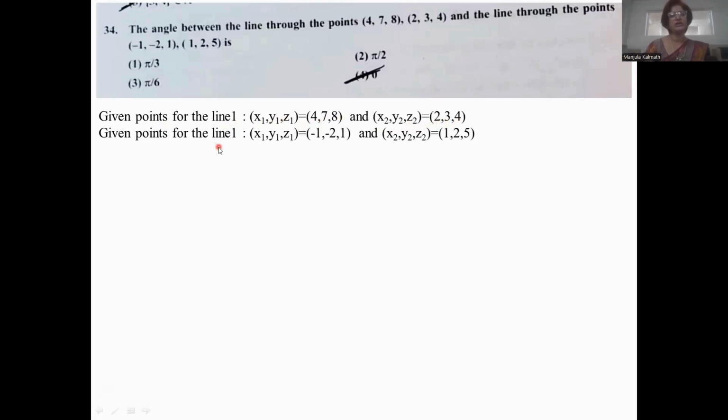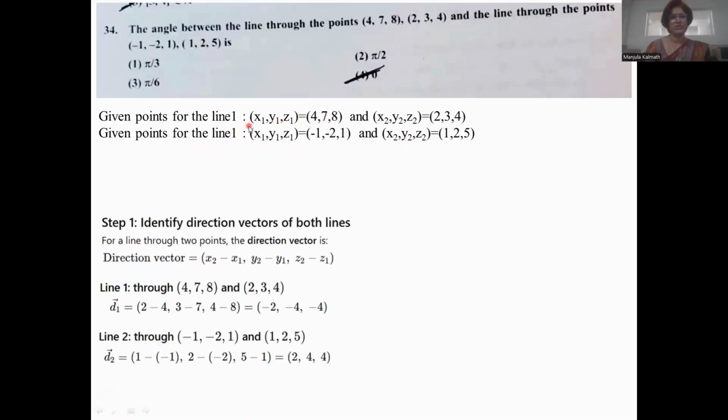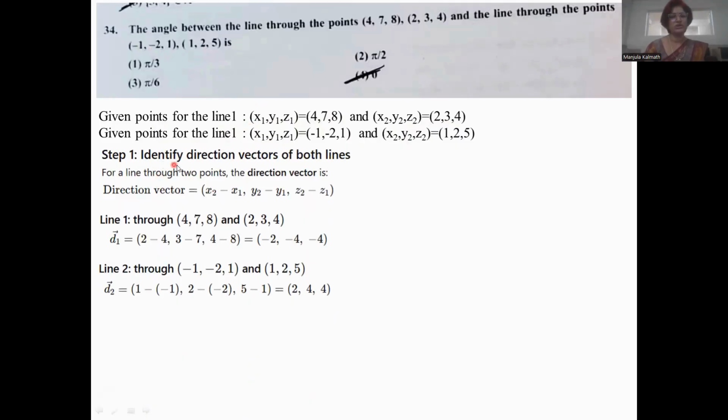And like that in line 2, x1, y1, z1 is -1, -2, 1 and x2, y2, z2 is 1, 2, 5. So first we have to identify the direction vectors of both the lines. The direction vector formula is x2 minus x1, comma, y2 minus y1, and z2 minus z1. This will be calculated for both line 1 as well as line 2.